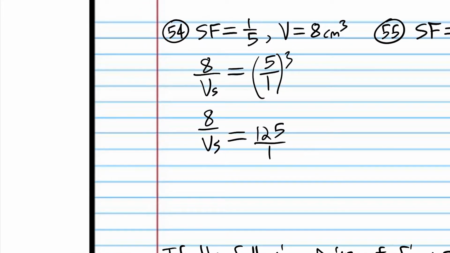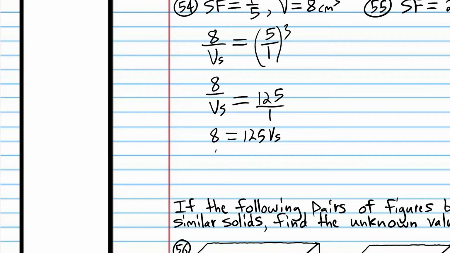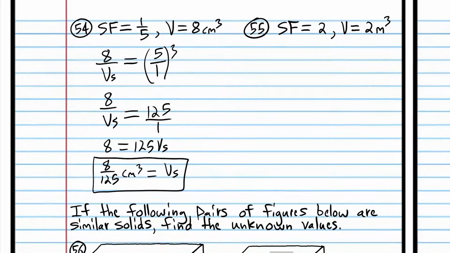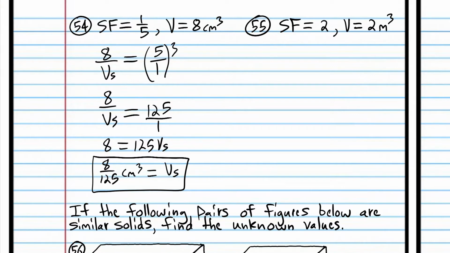Cross multiply, we get 8 is equal to 125 VS, and divide both sides by 125. We get 8 over 125 cubic centimeters is equal to the smaller volume. So if you got that answer, good job. Go ahead and try number 55, and when you come back, we'll do it together.